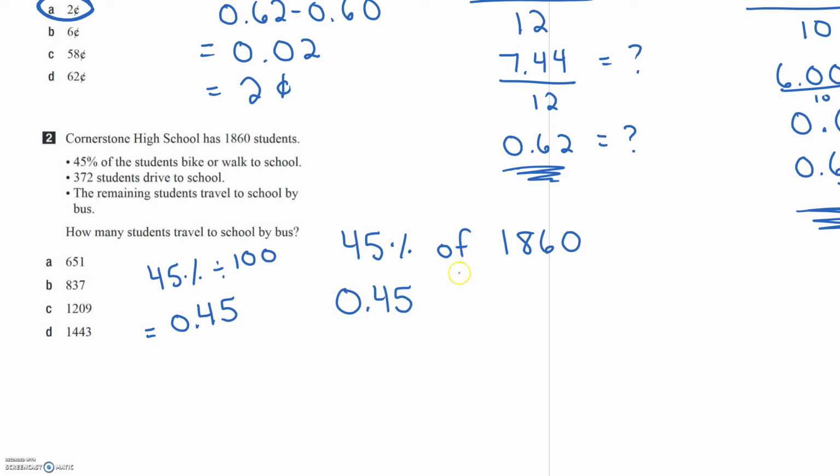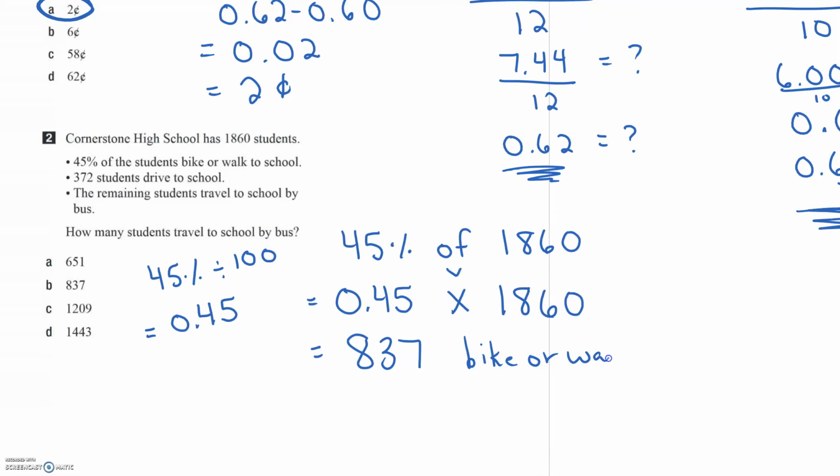Don't forget that the word of means to multiply. Okay, so we're doing 0.45 times 1,860. So that's 837. Now you have to understand what that means. That means that 837 students bike or walk to school.